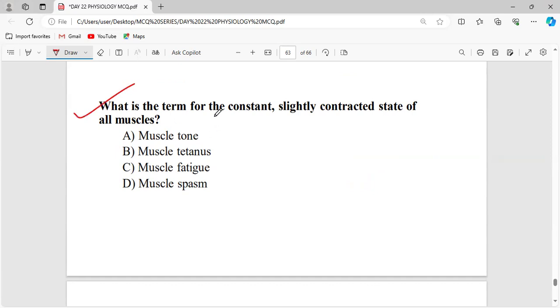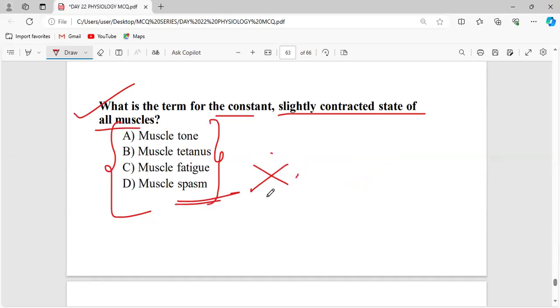And what is the term for the constant, slightly contracted state of all muscles? Knowing the meanings of these terminologies is very, very important. You should know what is muscle tone. All these terminologies are very important.